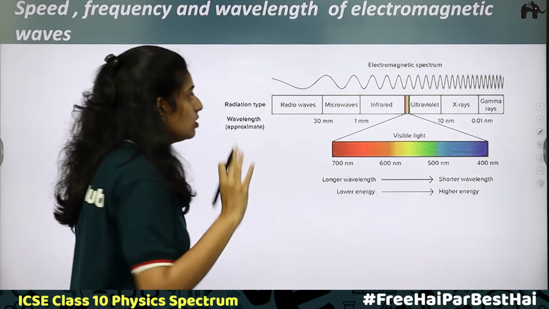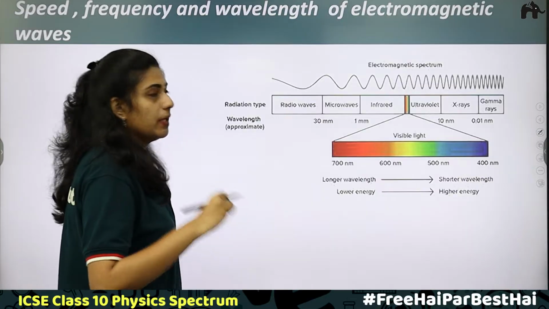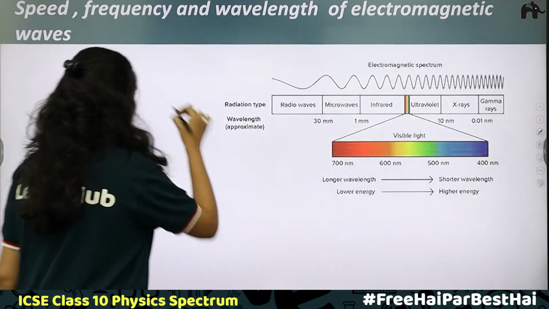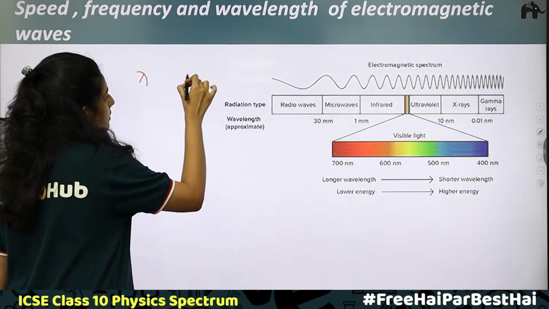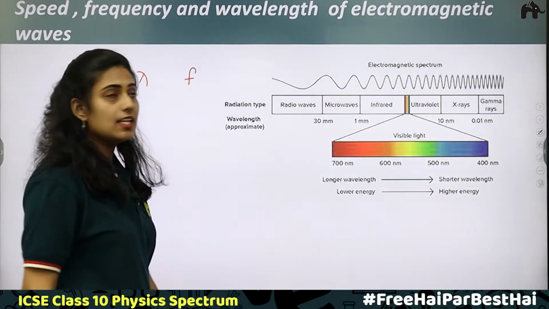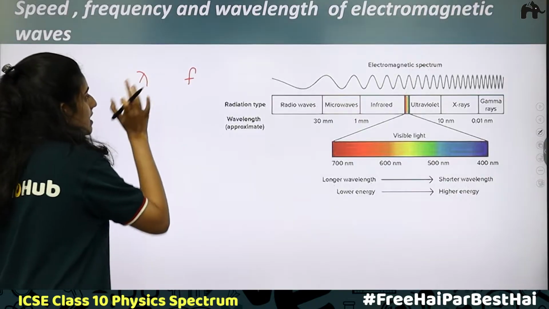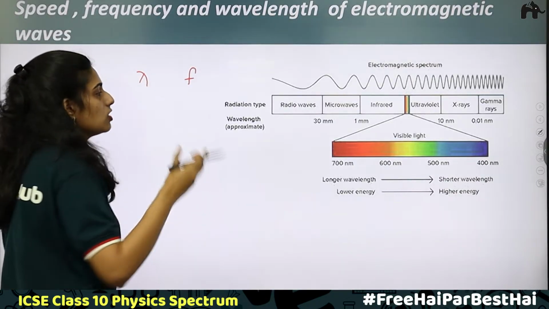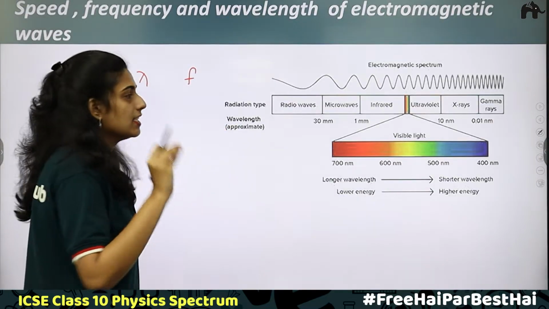So we have understood that the wavelengths of the waves will be different. Different radiations will be having different wavelengths. Depending on that, the frequency will also be different. There is a relation between frequency and wavelength. What is the relation? We have speed of light. So remember one thing, the speed of light in vacuum.